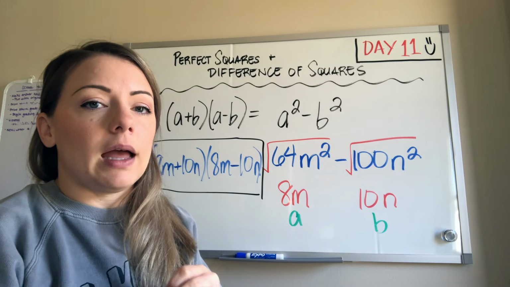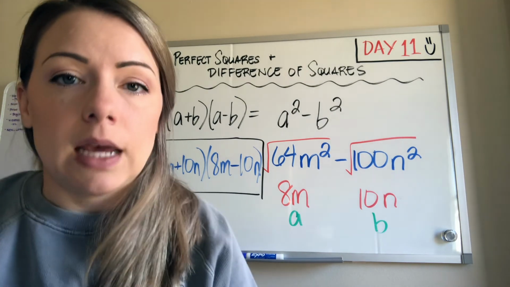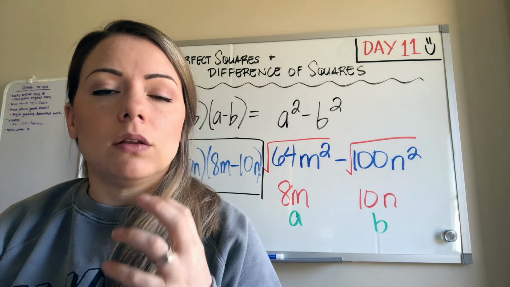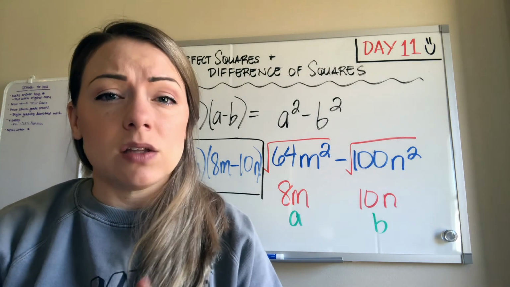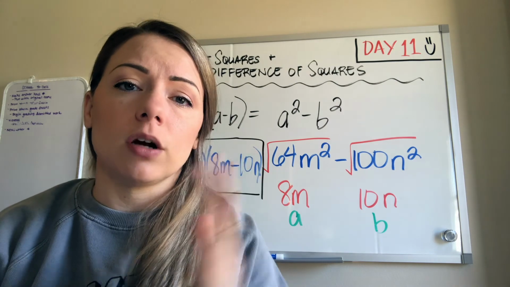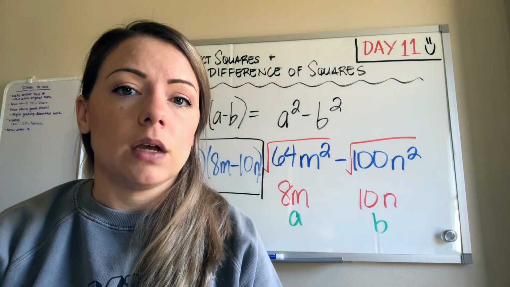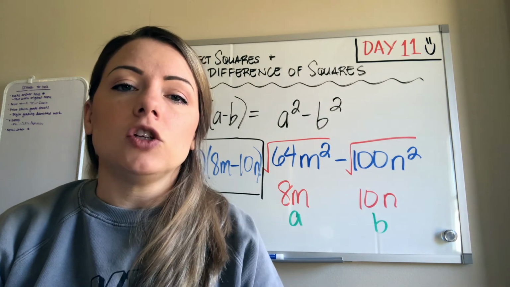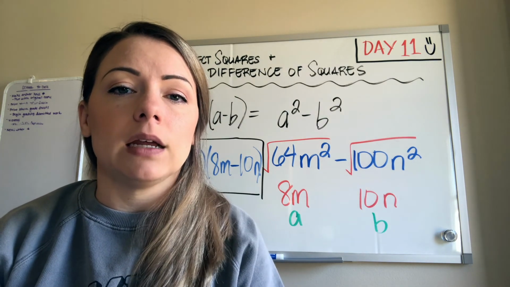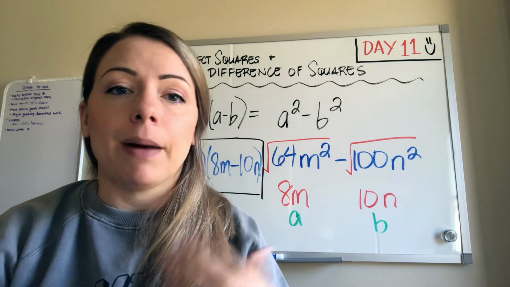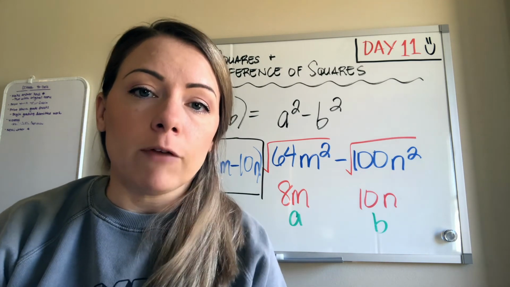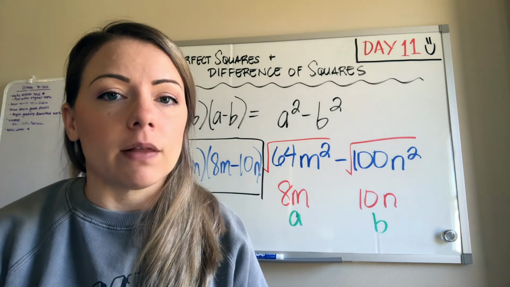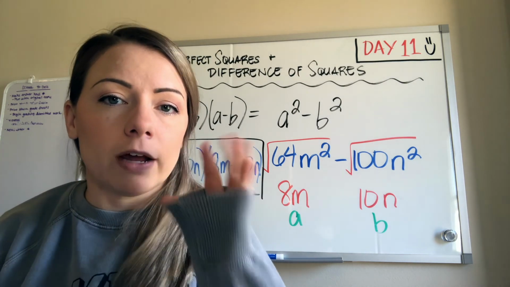So what I want you to take from this is if I give you a polynomial to factor, and it looks as though the very first term and the last term are perfect squares, go through this process. Check to see if they are perfect squares, and then check to see if that middle term is created by multiplying A by B, then by 2, if you have a middle term. That will lead you to a pretty quick way of factoring that problem. So look for those red flags.